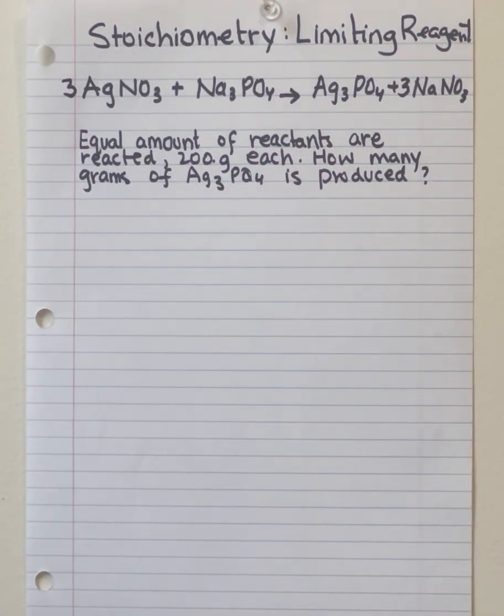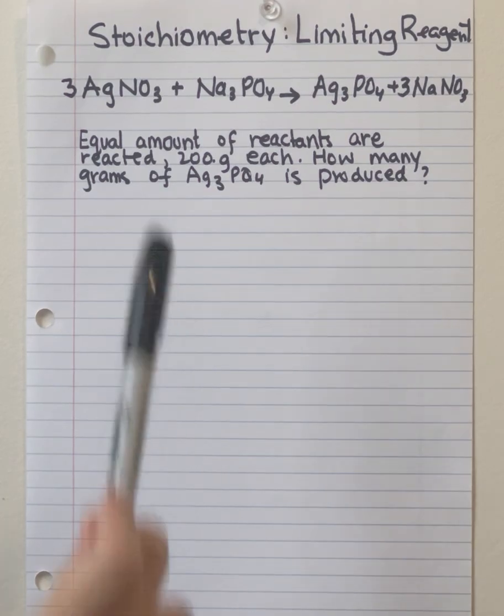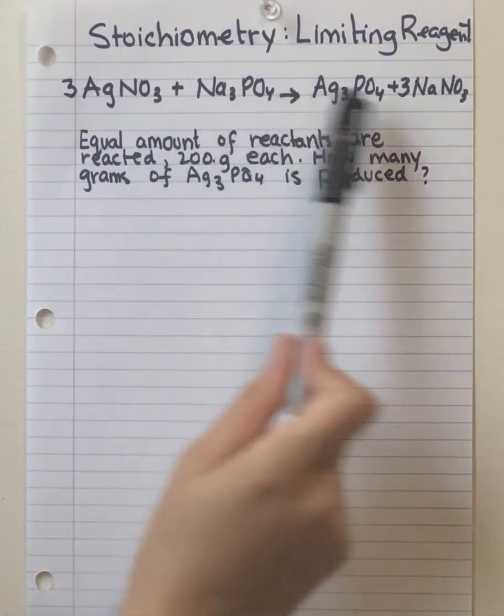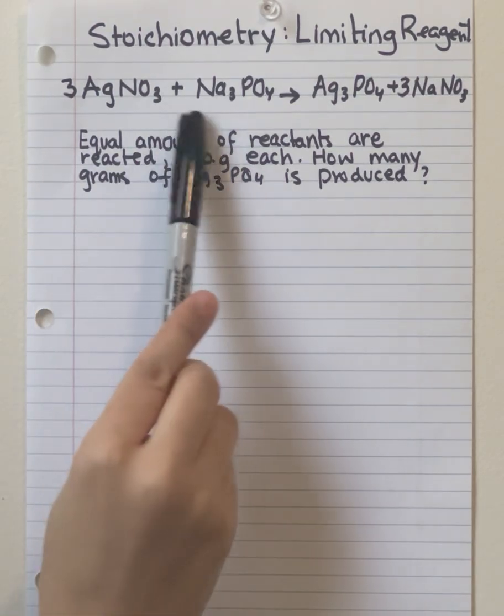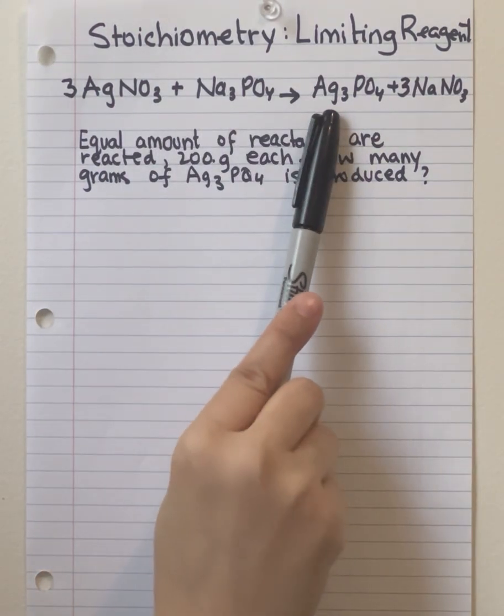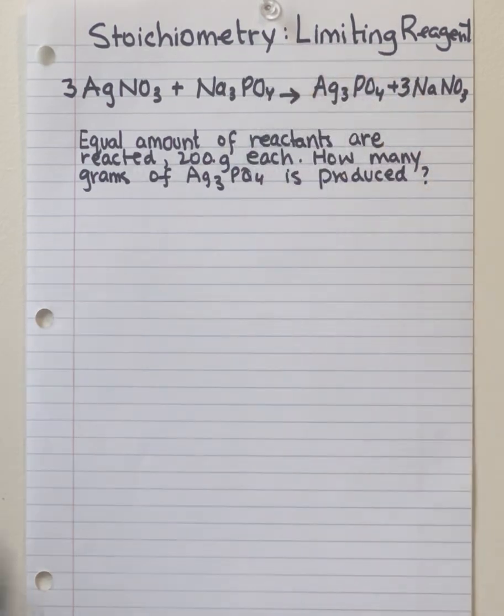First, we will have to find the limiting reagent. We have to find which reactant is limiting the production of our product. That's the reactant we are going to use to measure how much silver phosphate we have produced.